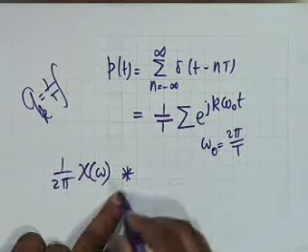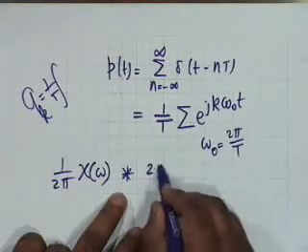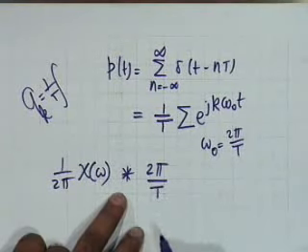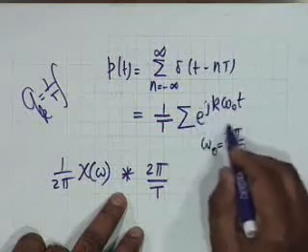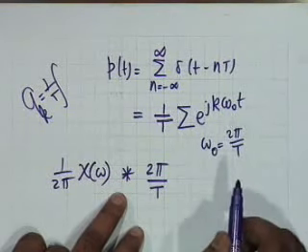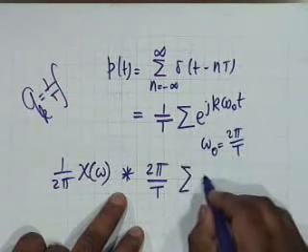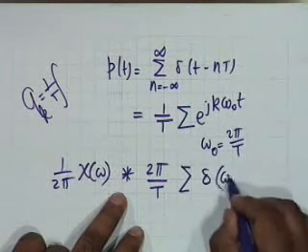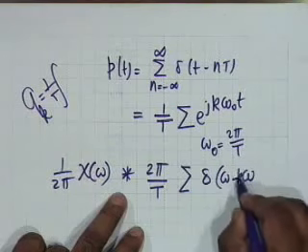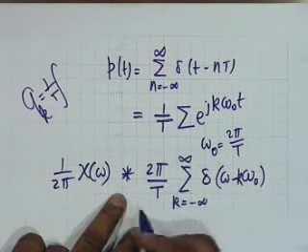All right. Now what is capital P of omega? If p of t is this, then obviously capital P of omega shall be 2 pi by T. For each exponential term we shall get only one delta, because this is a continuous time case, and therefore I shall get delta of omega minus k omega naught, where k goes from minus infinity to plus infinity.